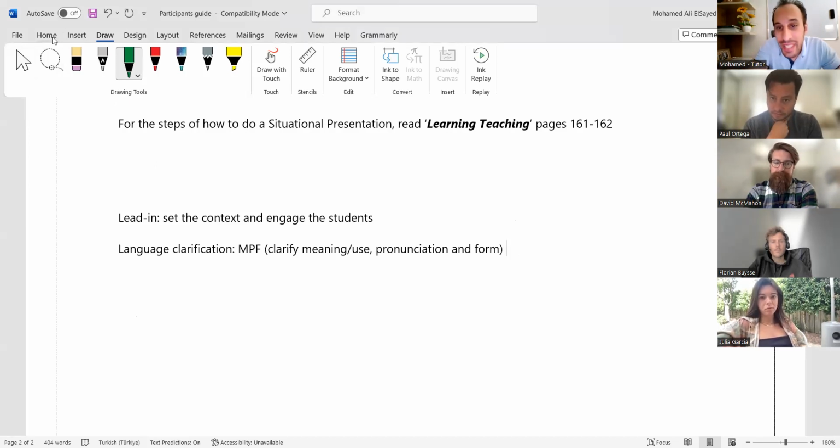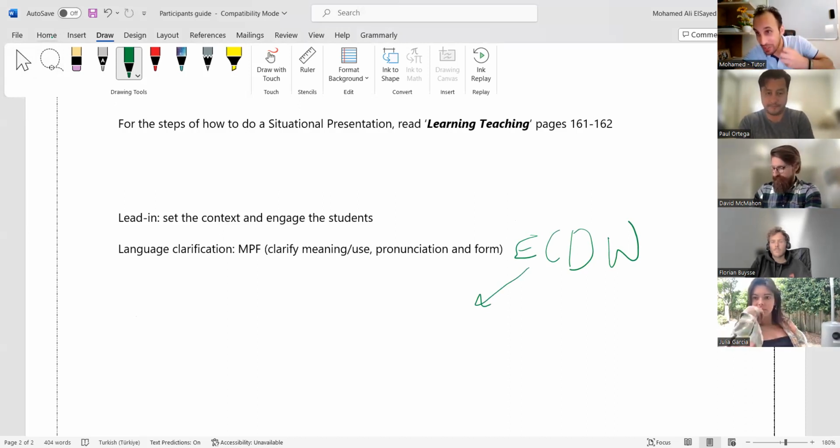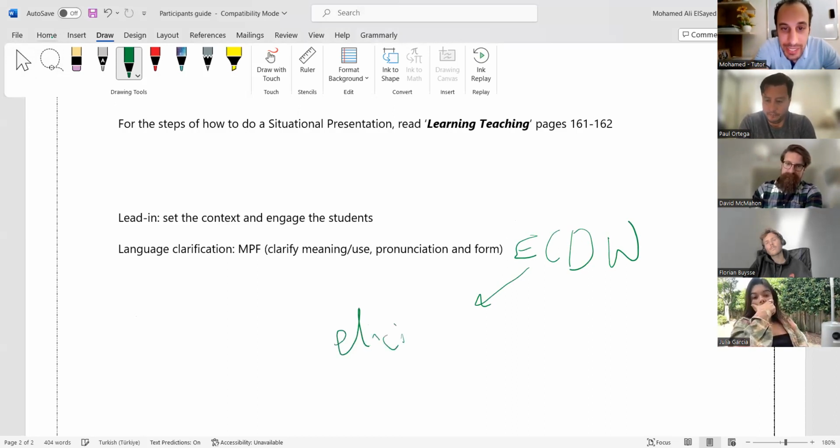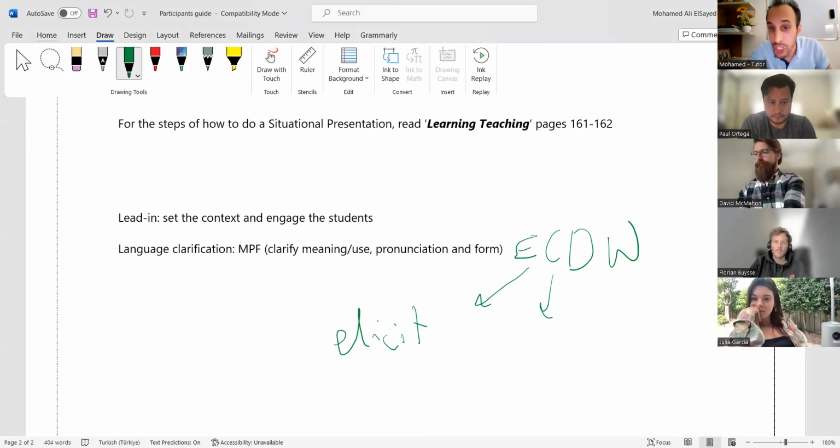We call them E, C, D, W. Elephants can drink water. Elicit. Remember, he elicited using visuals. He elicited the marker sentence or the marker sentences from them. Elicit. Then you need to concept check, like some concept checking questions to check understanding, or you use a timeline if it's a tense.